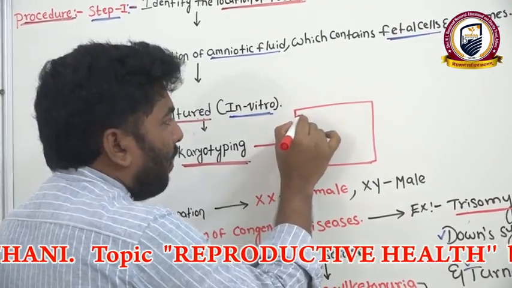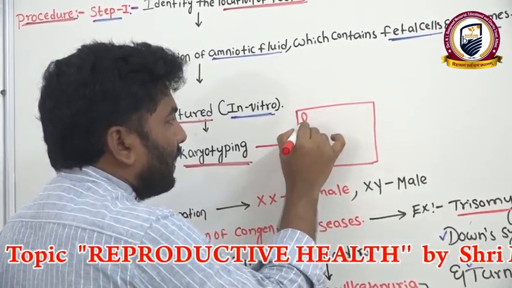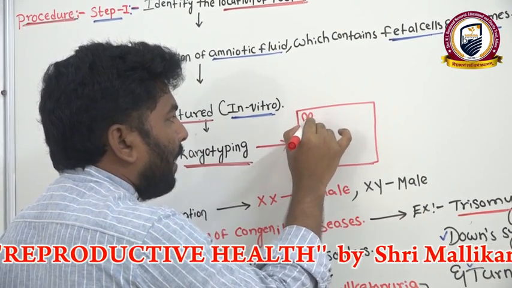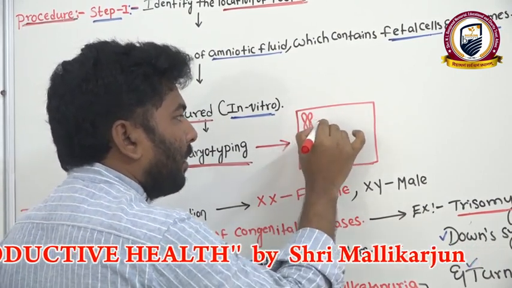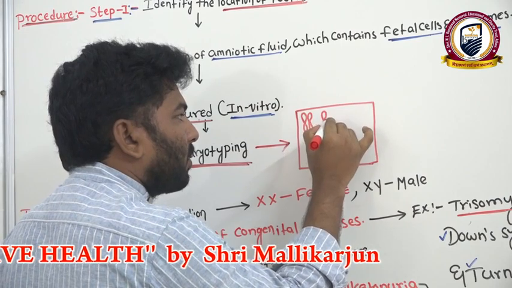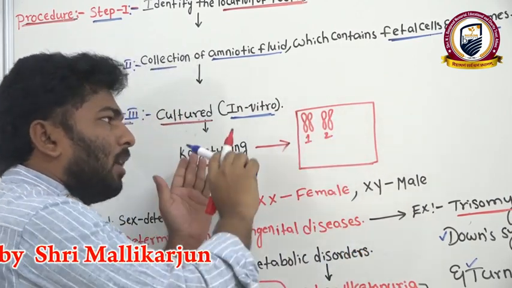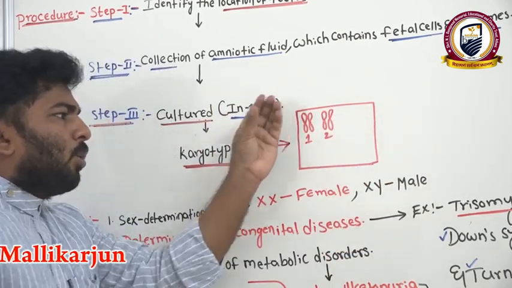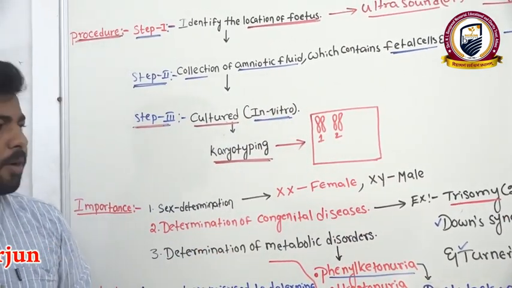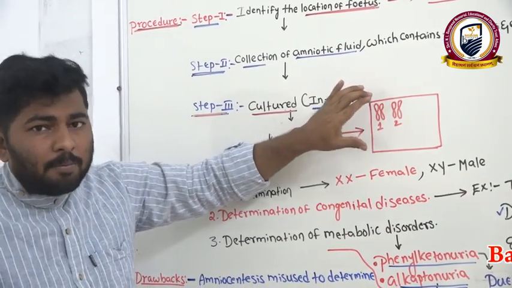For example, you can see one pair of chromosomes here, first pair, second pair, pair 1, pair 2, like that. All the 23 pairs of chromosomes we are going to take in the form of a picture.